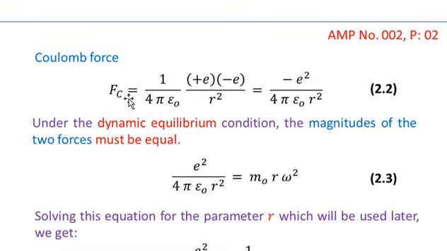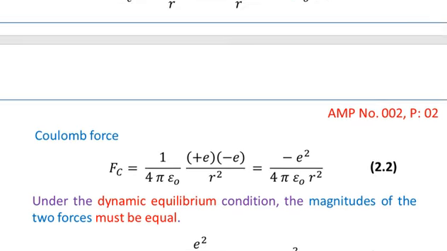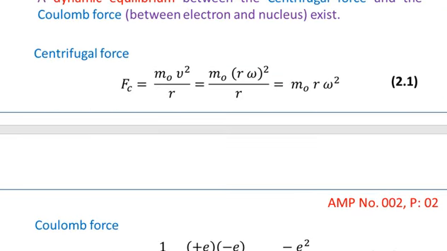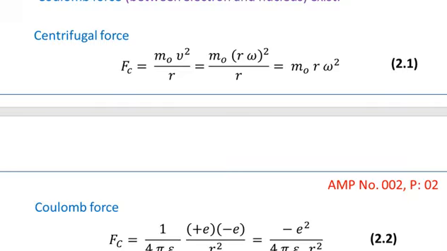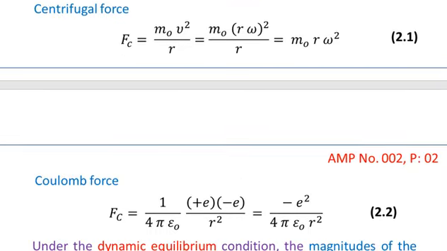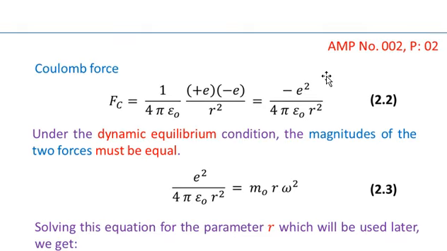This is the Coulomb force represented by a subscript with capital C, whereas in calculating the centrifugal force we used a small c as a subscript. Simplifying, we have minus e square over 4 pi epsilon naught r square, forming equation number 2.2 as the Coulomb force between the electron and the nucleus.